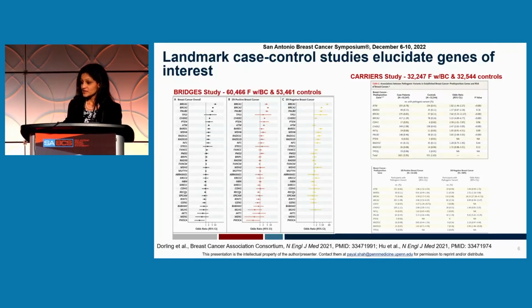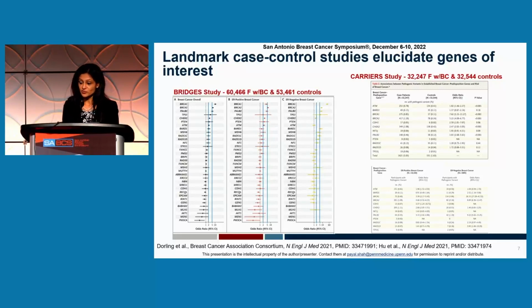These participants underwent germline genetic sequencing for 34 genes to estimate cancer risks for breast cancer overall as well as by subtype. The CARRIERS study on the right was a population-based case control study that included over 30,000 women with breast cancer and about the same number of women without breast cancer to similarly estimate risks for breast cancer overall and by subtype.